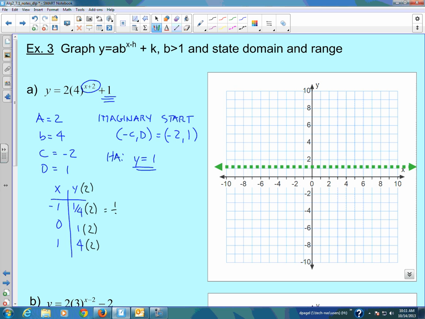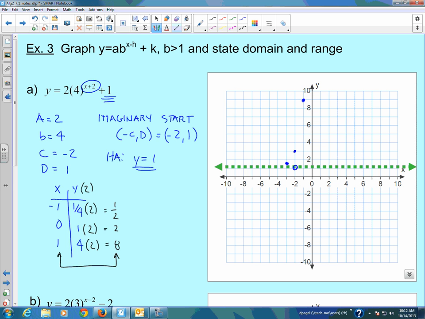And we get 1/2, and 2, and 8. And here are my movements from negative 2, 1. So we'll go ahead and hang out at negative 2, 1. There I am right there. And now we will go left 1 up 1/2. And then we will go no movement at all, up 2. And then right 1 up 8.